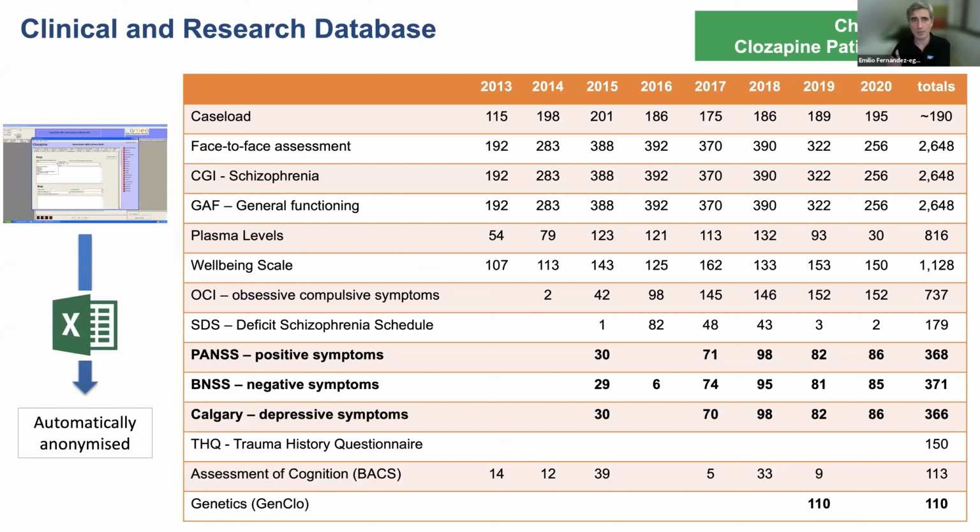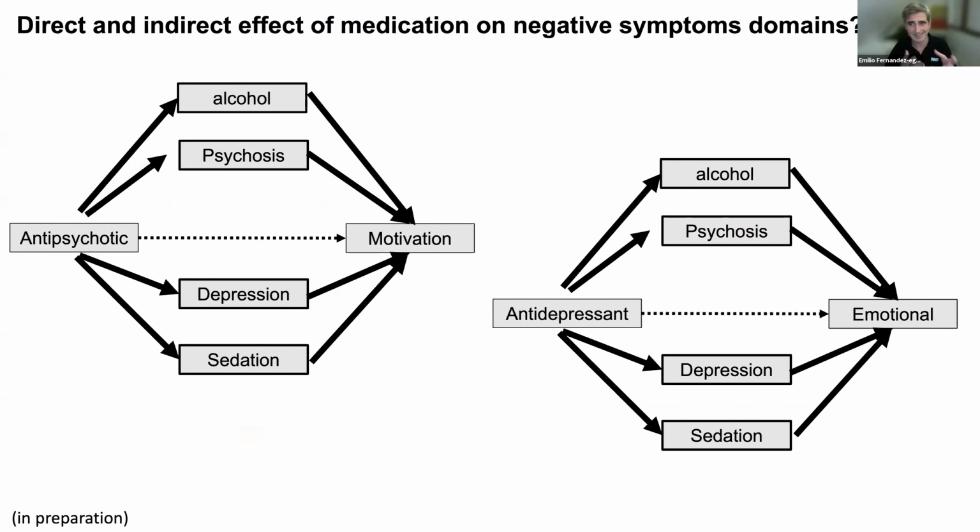And once we finish this study about sedation, that is what I would like to do, using the richness of the clozapine database, all the assessment that we have done over the last few years, to start to assess how antipsychotics or antidepressants have different pathways to impact motivation or emotion through the level of sedation, the psychosis, or as many factors as we can find.